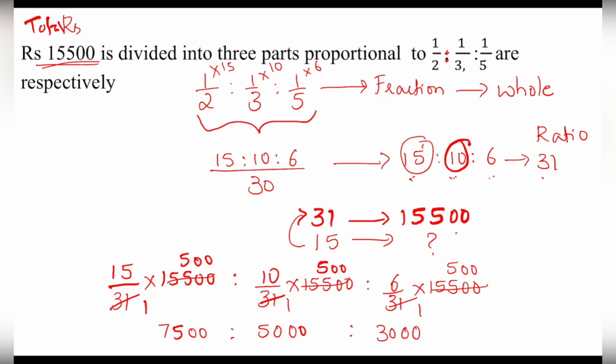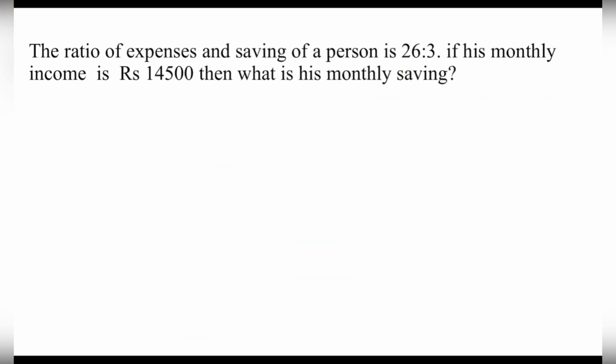Now going to the next problem. The ratio of expenses and savings of a person is 26 is to 3. So what they are saying is that the ratio of expenses to savings is 26 is to 3. We know that expenditure plus savings will give us the total income.